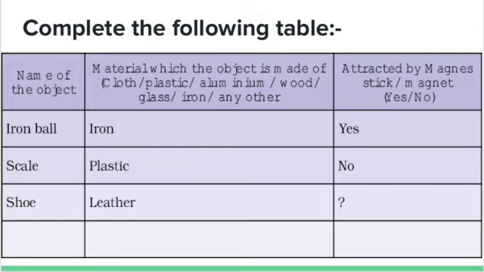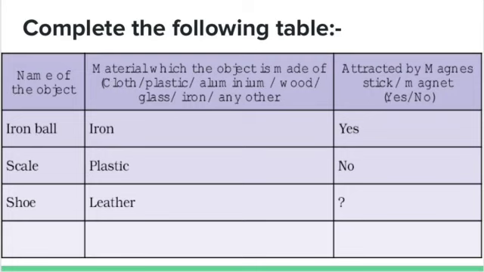Next is a scale, made up of plastic, and it is not attracted towards the magnet, so write no. Third is a shoe, which is made up of leather. Now this is your work: you have to write whether it is attracted towards the magnet or not.